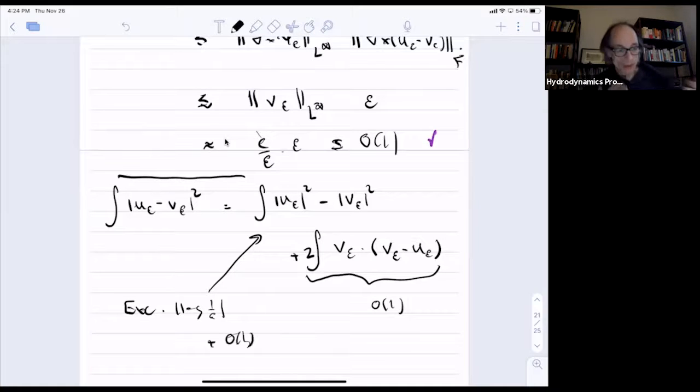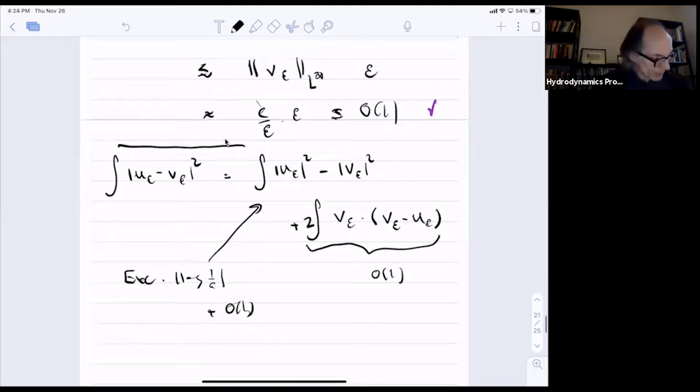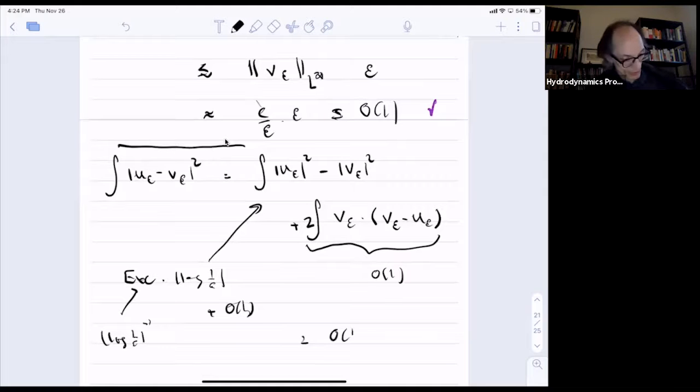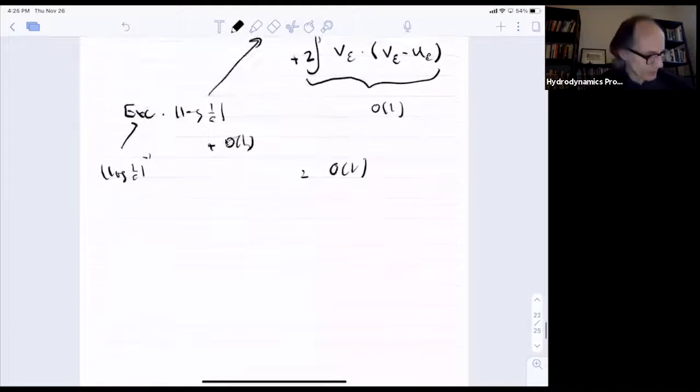And so typically the excess is log 1 over epsilon to the minus 1. And so the whole thing then is order 1. Okay, easy. And then finally, the last one is the most interesting one.